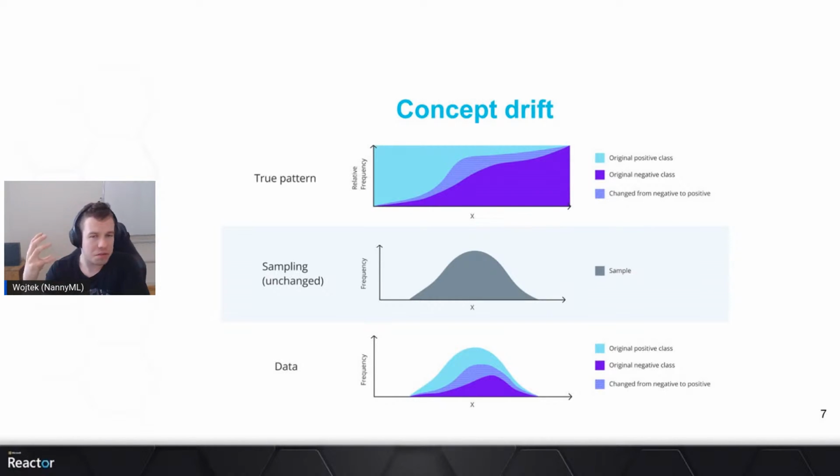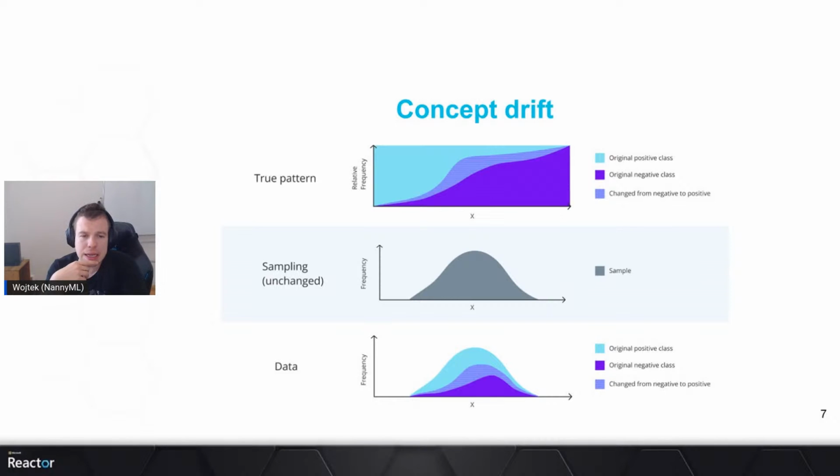So either the causal or just some kind of non-causal relationship between your model inputs and the target changes. Maybe it used to be that increasing X led to a slow linear increase in the negative class likelihood, and now we see it's much stronger. It looks much more like a sigmoid. Or maybe the relationship would be completely inverse. These are all examples of concept drift.